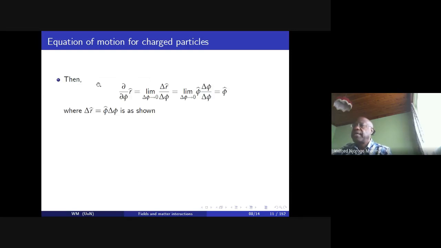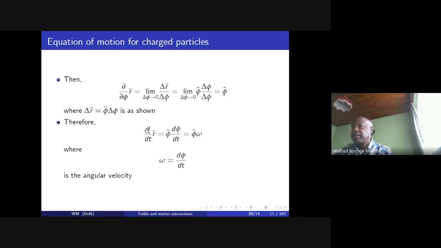So then we can see that d d phi of r cap is going to be the limit as delta phi goes to 0 of delta r cap over delta phi, and this gives us the value of phi cap. And here we have shown where the delta r cap is shown in the diagram.